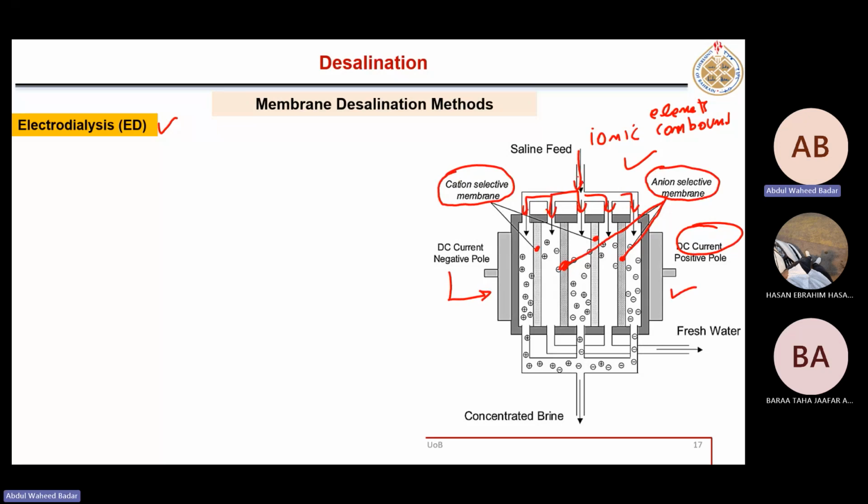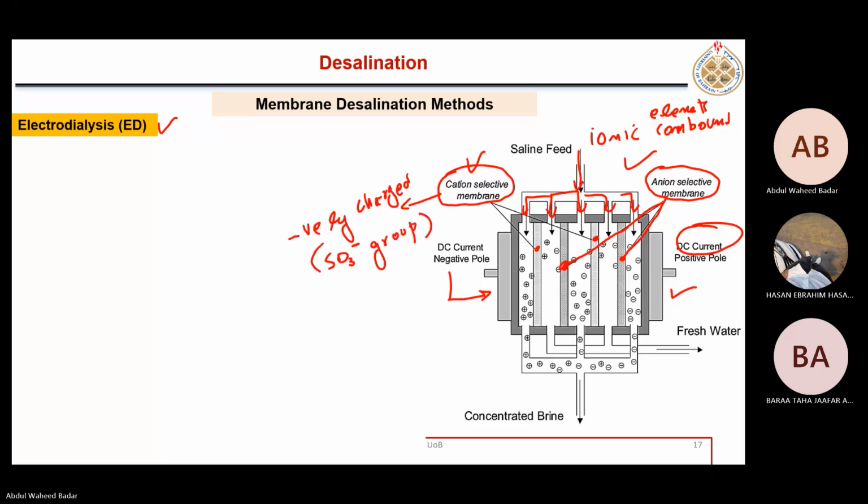So when the seawater is entering, what is a cation selective membrane? Those are negatively charged membranes, for example, made up of some SO3 negative group.